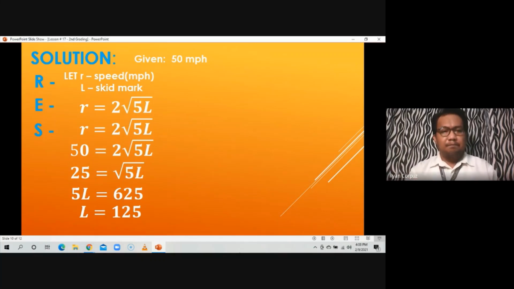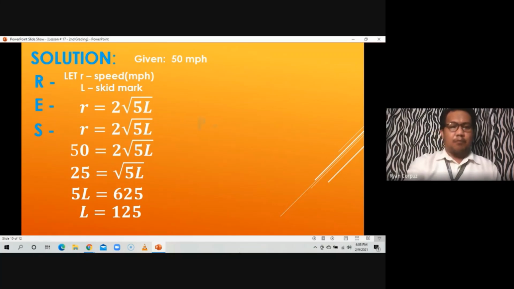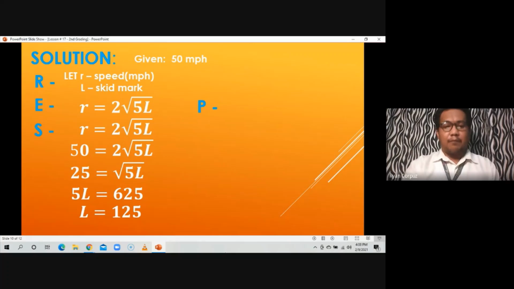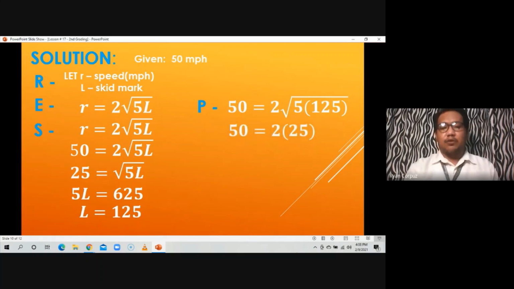Yun nga lang, let's find out first if that value of L na 125 is really the one we are looking for in the problem. So by proving it, just simply substitute 125 in place of L here. So we'll come up with 50 as the value of given rate is equal to 2 times the square root of 5 times 125. 5 times 125 is equal to 625.